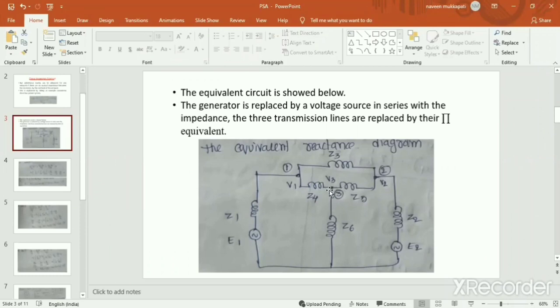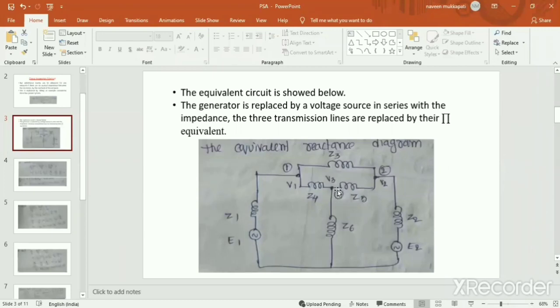After that, apply KCL at node 3. What is that KCL? V3 by Z6 plus (V3 minus V1) by Z4 plus (V3 minus V2) by Z5 is equal to 0.